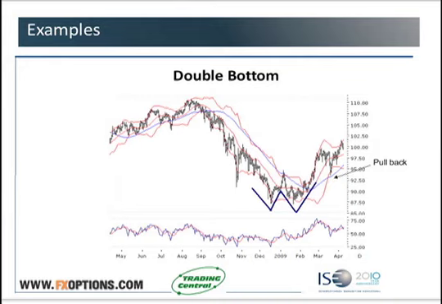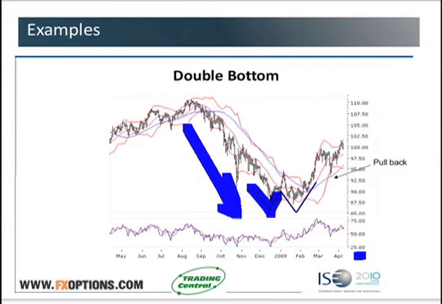This is on a daily chart. You can see the overall bearish trend, and 2 peaks on the downside, which are, as I said before, equivalent in terms of size, amplitude and timing.